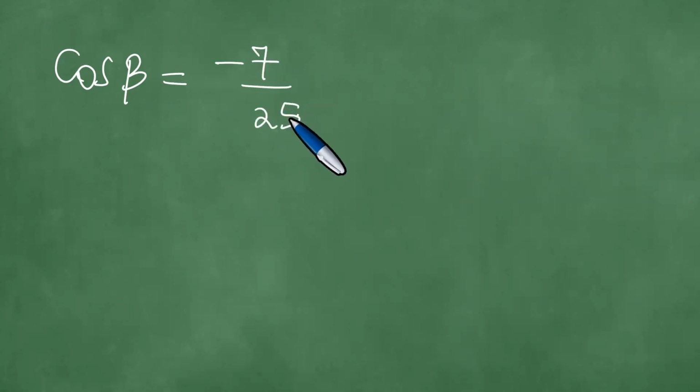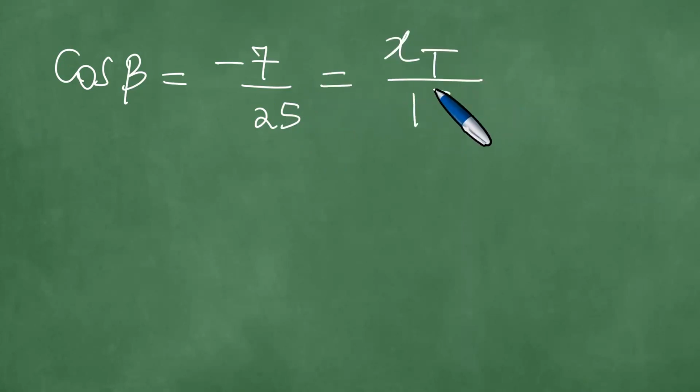Okay, you have cosine beta. Adjacent is the x, which is minus 7 over the hypotenuse, which is exactly 25, which is the same also as x at T over 15.